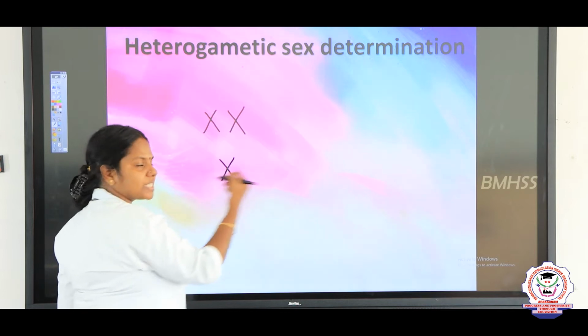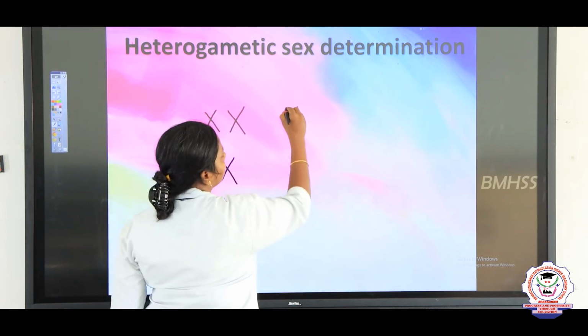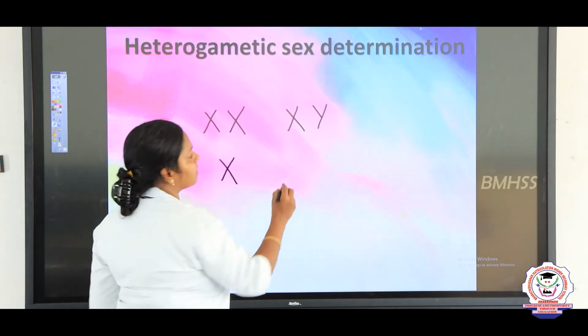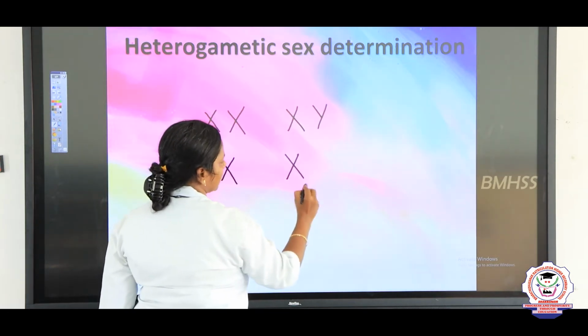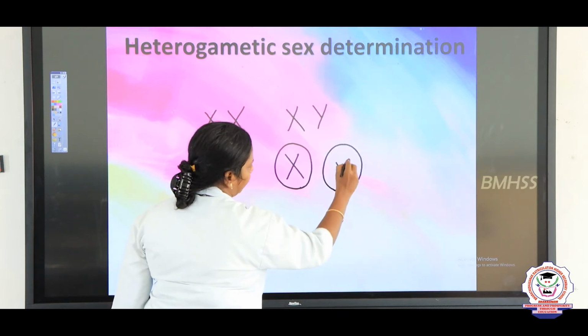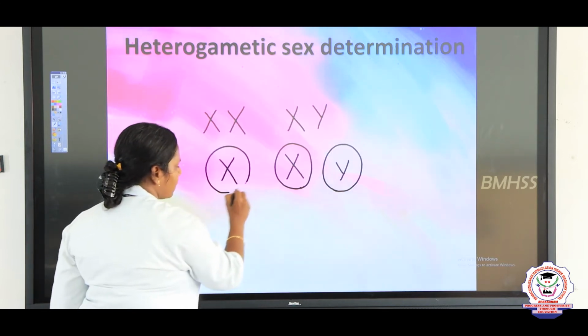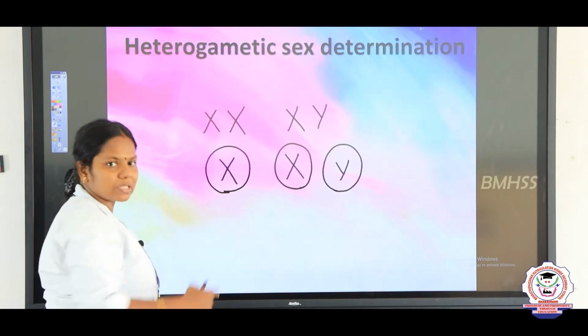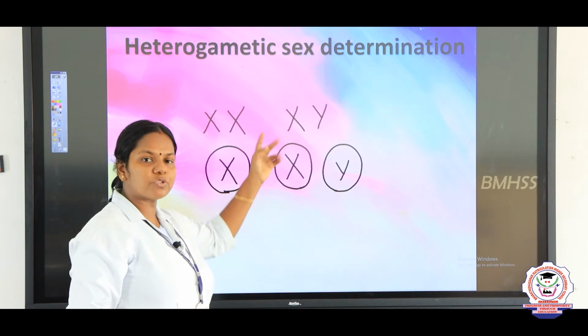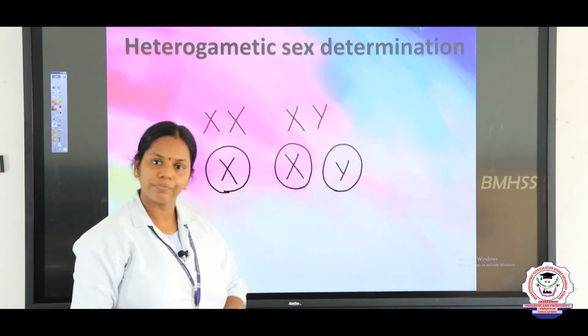In heterogametic individuals, what will be the gametes produced? Two types of gametes, X as well as Y. So, homogametic individuals produce only one type of gamete, whereas heterogametic individuals produce two types of gametes.